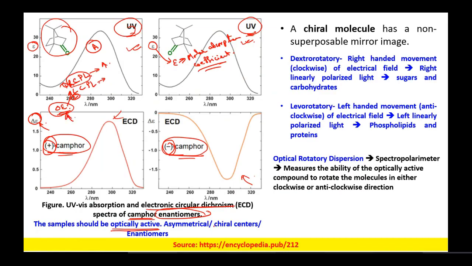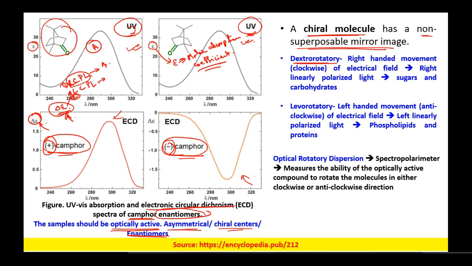Okay, so what compounds are optically active? If they are asymmetrical, if they have chiral centers, and if they are enantiomers. So what is a chiral molecule? A chiral molecule has a non-superimposable mirror image. What is dextrorotatory?